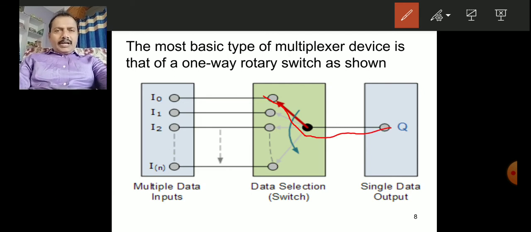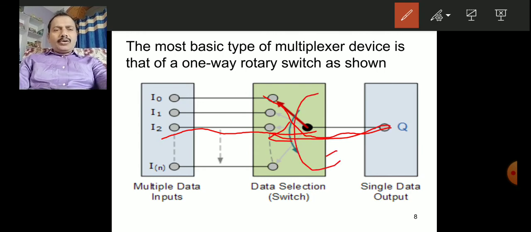That means that particular input is presented at the output. For example, if this input is selected, then input I2 is presented at the output. So this is the rotary switch, and the data selection is like this.